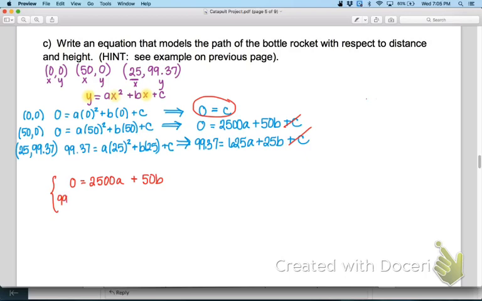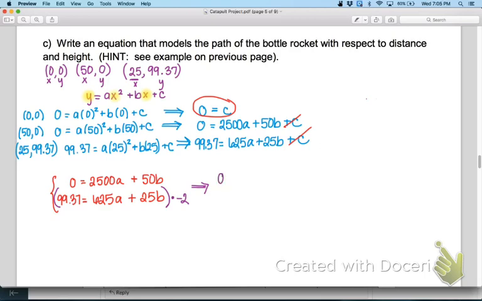And 99.37 equals 625a plus 25b. Now I'm going to use elimination, and I am going to multiply this second equation by -2 to cancel out the b's.